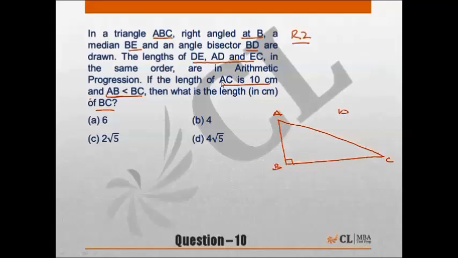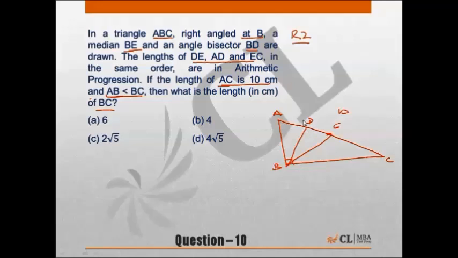So AC is 10. BE is the median and BD is the angle bisector. Median is the line joining the midpoint to the opposite vertex. So let's take it like this. So BE is the median and BD is the angle bisector. So it's 90, so this would be a 45-degree angle. So drawing a 45-degree angle D.